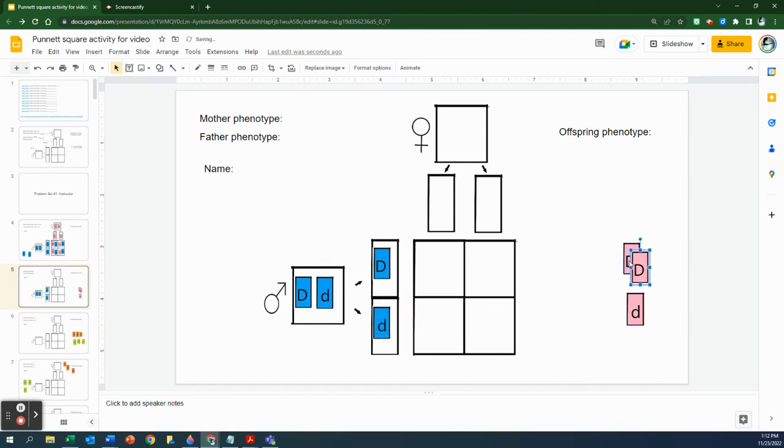One is dwarfism, and the other one is deafness. That's just traditionally the letter combination that is used.